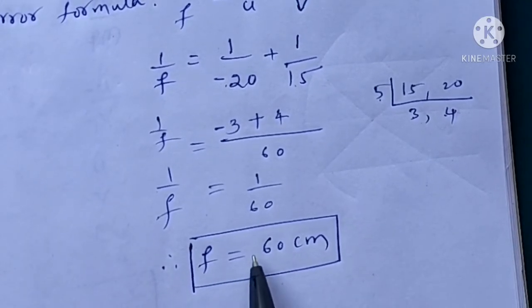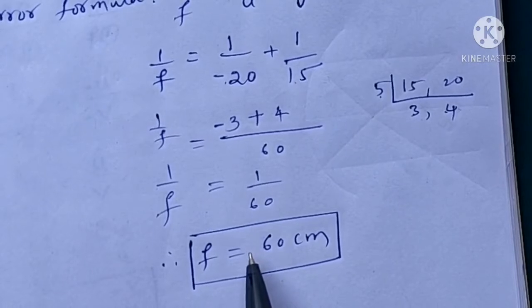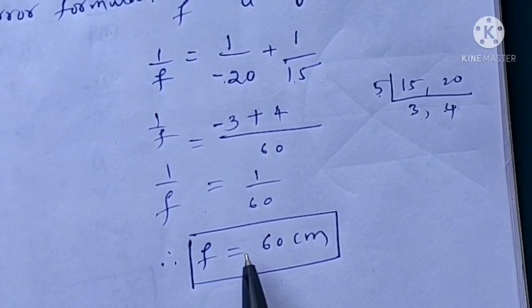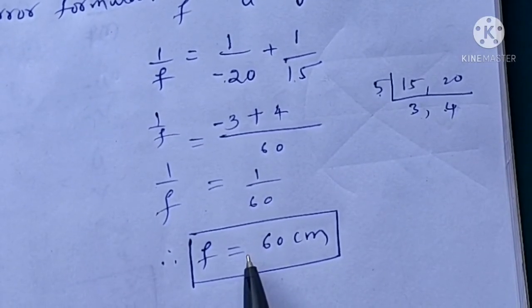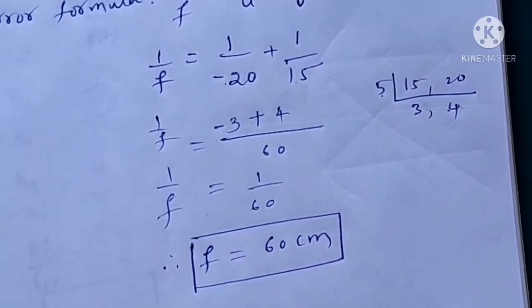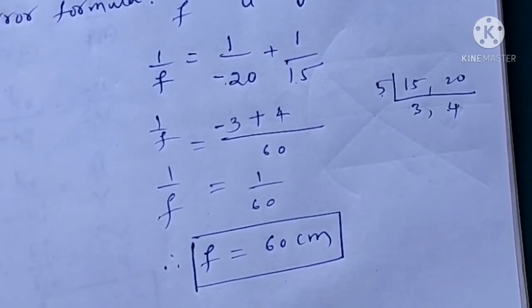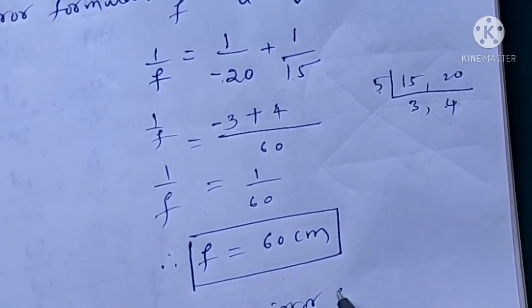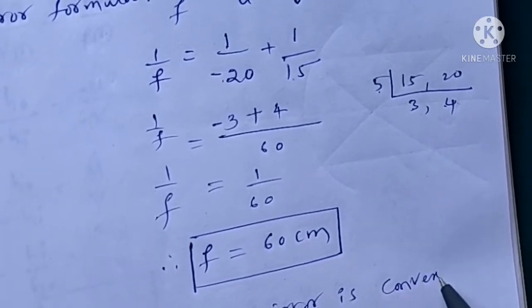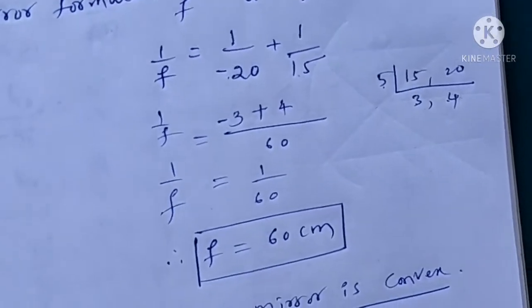The focal length is a positive value here. If the focal length is positive, then the mirror is a convex mirror. So the type of mirror is convex. That's it.